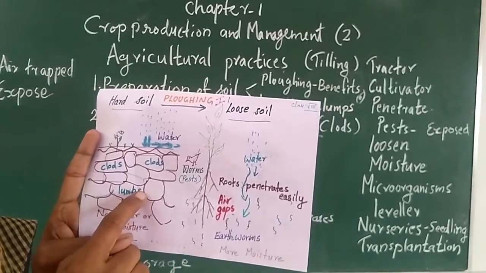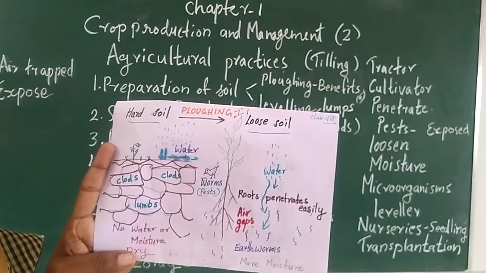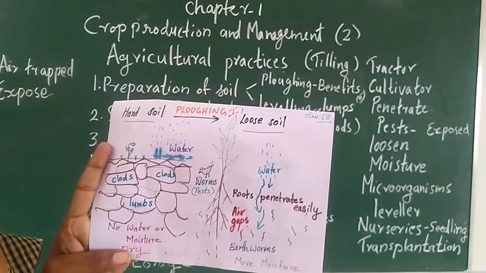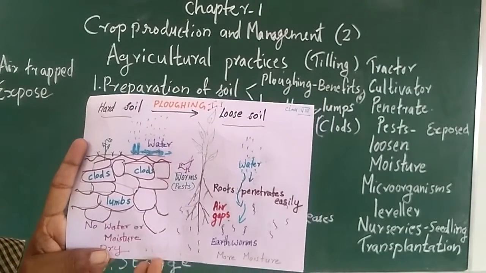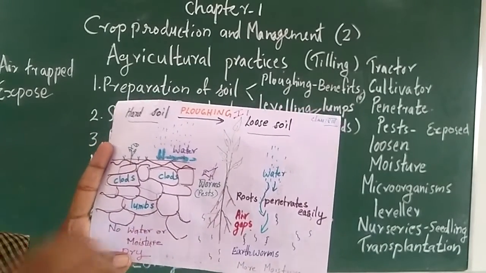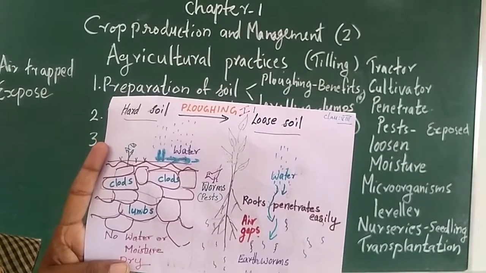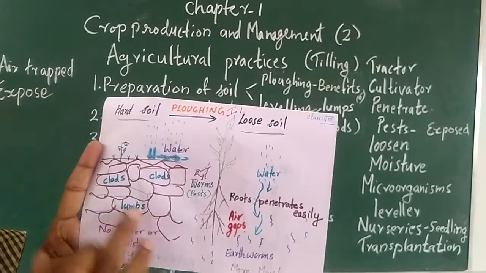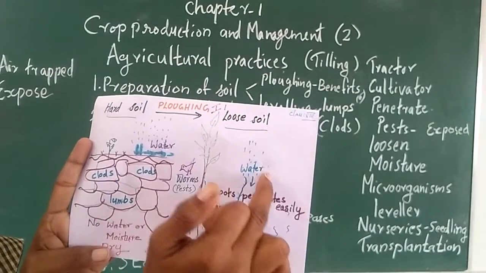This soil will not be nutrient rich, because there will not be many microbes and there will not be earthworms. Why? Because of the hardness, there is no water and air. So there will be no microorganisms and no earthworms. So we have to change this hard soil into loose soil.